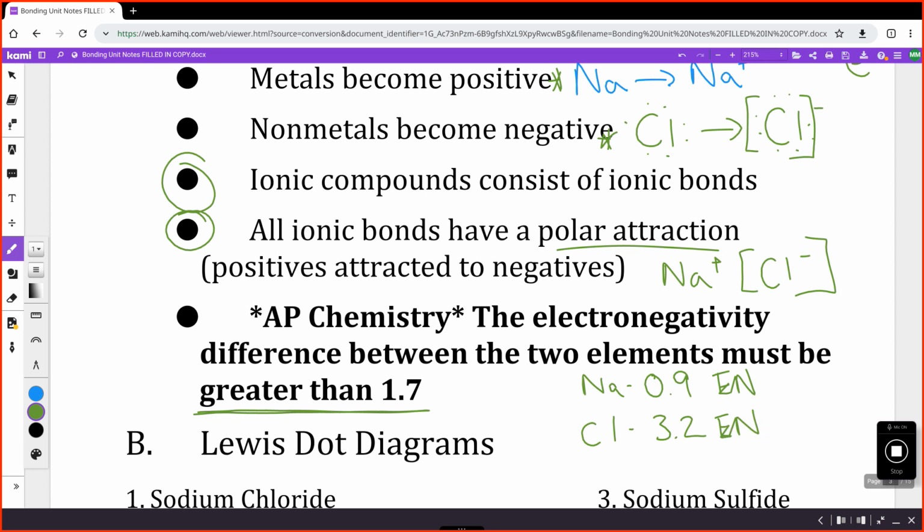And if I found the difference between these two elements, I would be looking at a 2.3 electronegativity difference. In higher levels of chemistry, this is what classifies something as an ionic bond. And it's basically because the electronegativity difference is so strong, the electron gets ripped away, and it holds on dearly to the higher electronegative atom.